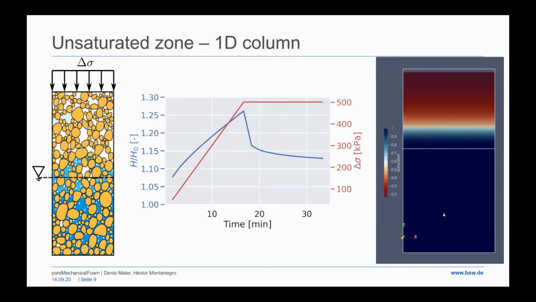So we have the pore pressure generation in the saturated zones, which push the water table upwards. And when we hold the loading constant, then we only have the dissipation of pore pressure into the unsaturated zone, which drops the water table, and then it slowly distributes the saturation according to the water retention curve.